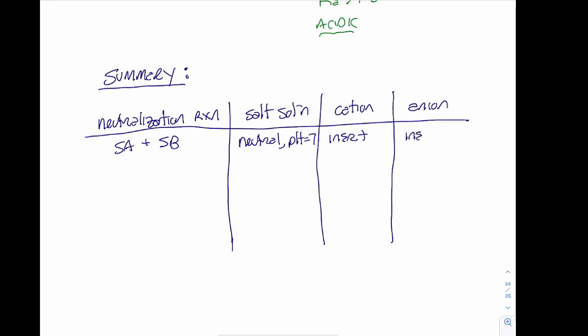And then the same with our anion. So those guys are not going to be reactive. If we have a strong acid and a weak base, we're going to have an acidic solution. My pH is going to be less than 7. Barely squishing that in there.